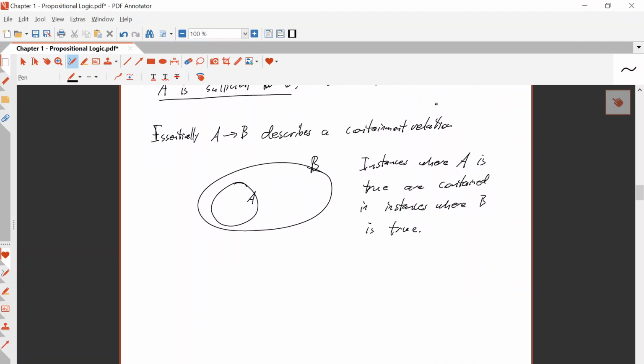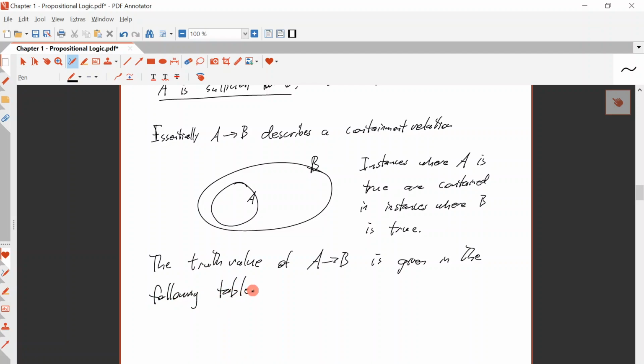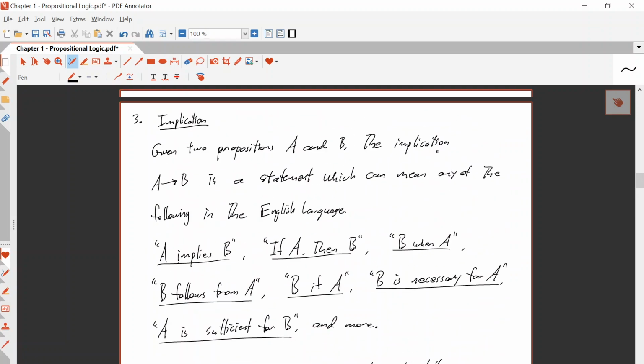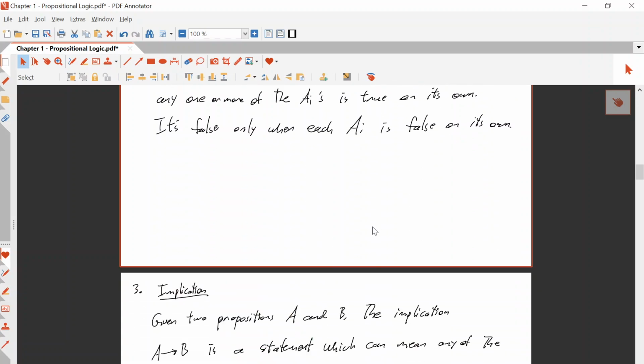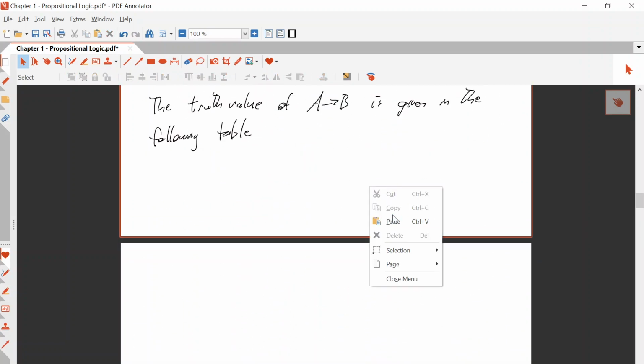Now, the truth value of A implies B is given in the following table. So let me copy that table from upstairs. Copy and paste.